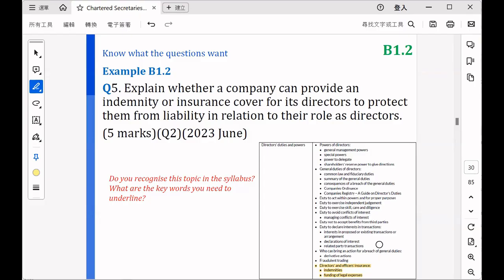If you look at the syllabus, it does appear there: D&O insurance, that means directors and officers insurance. So you have to understand a little bit about this. Again, it's a 5 marks question. So you can see that questions can be asked here, and questions can be asked somewhere in here. All of the topics could be asked.